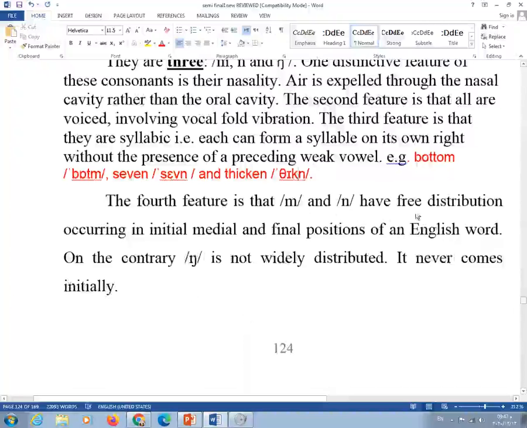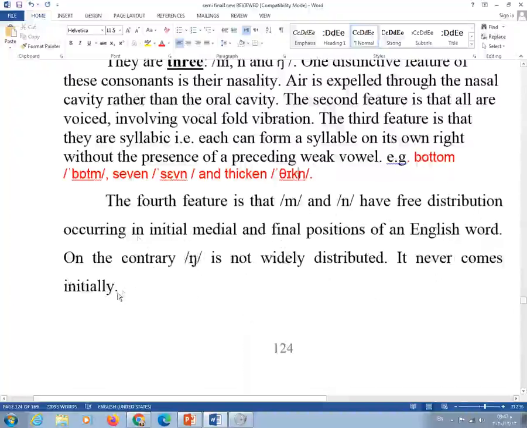That means we can find m and n coming at the beginning of words, in the middle of words, and at the end of words. On the contrary, ing, as in sing and king, is not widely distributed. It never comes initially, at the beginning of English words. It never ever comes at the beginning of English syllables or English words.